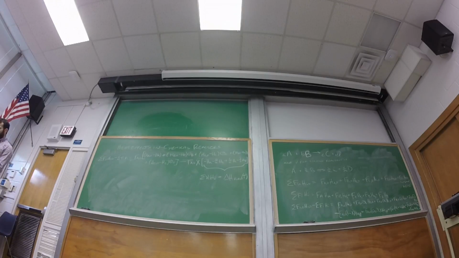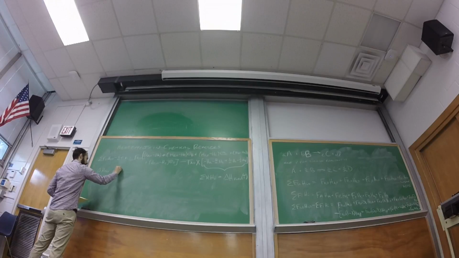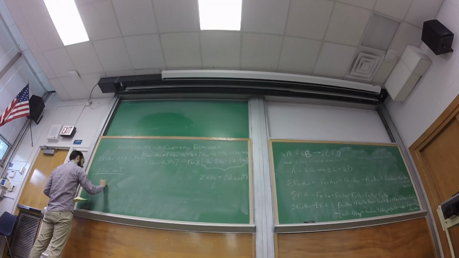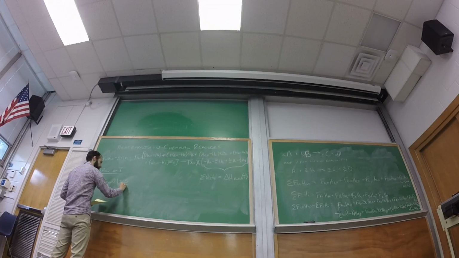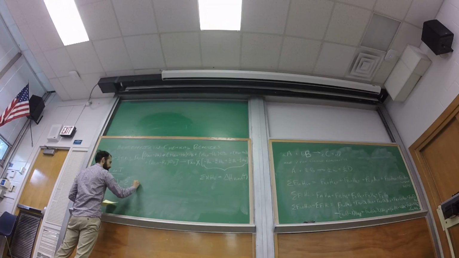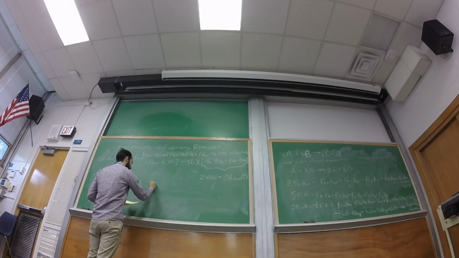All right, so delta H of reaction at some temperature. Like I said, it's equal to the sum of, for each species, stoichiometric coefficient times the molar enthalpy of that species at that temperature.